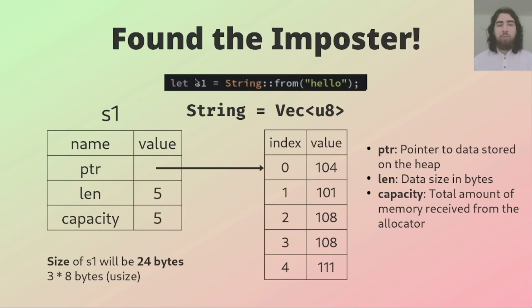As you can see, when we have the s1 variable over here, s1 won't hold the actual data, but a pointer to the data allocated in heap memory alongside a length and a capacity, meaning s1 is a 3-word object of size 24 bytes.